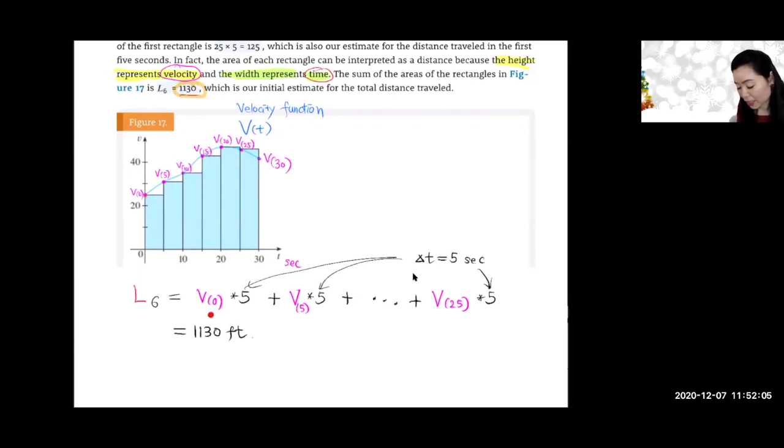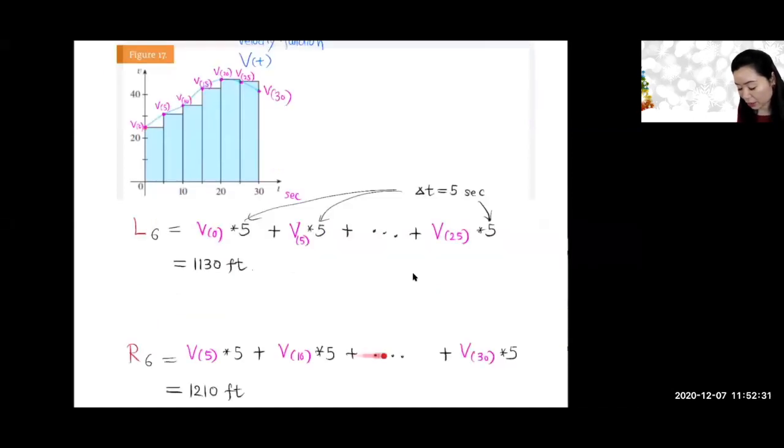So you see this one here actually corresponds to the area of this rectangle. This corresponds to the area of this rectangle. This corresponds to the area of this rectangle. So this is actually the sum of those 6 rectangles using the left endpoint. This one here corresponds to the sum of those rectangles using the right endpoint.